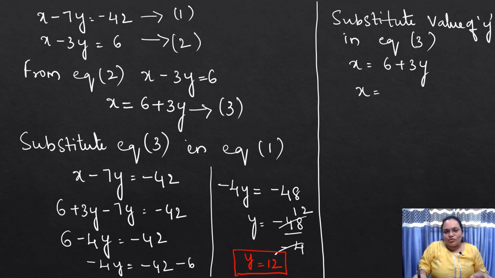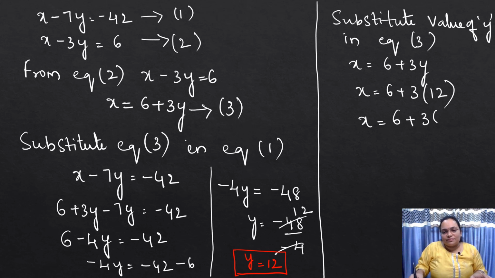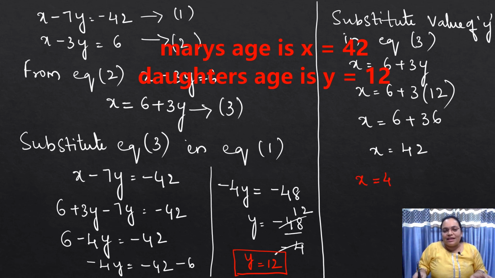X is equal to 6 plus 3 into 12. So, which is x is equal to 6 plus 36, which is x is equal to 42. Okay. So, what is the value of x? The value of x is 42.